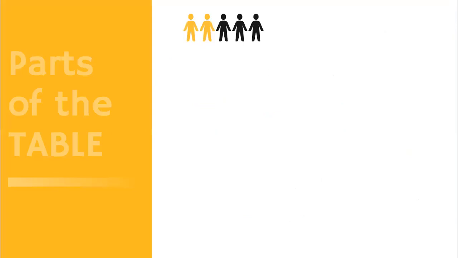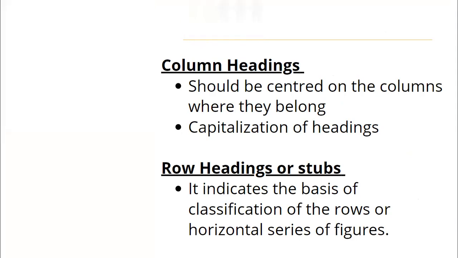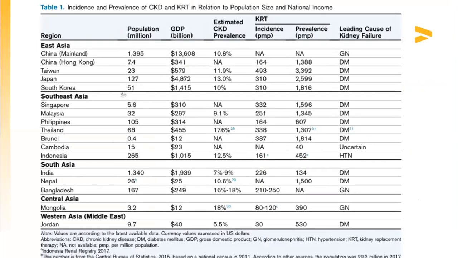Okay, so column headings should be centered on the columns where they belong, and row headings or stubs indicate the basis of classification of the rows or horizontal series of the figures. So for example, we have Table 1 here. This is actually the correct way of writing, followed by the title, of which you need to capitalize each word except for the preposition.